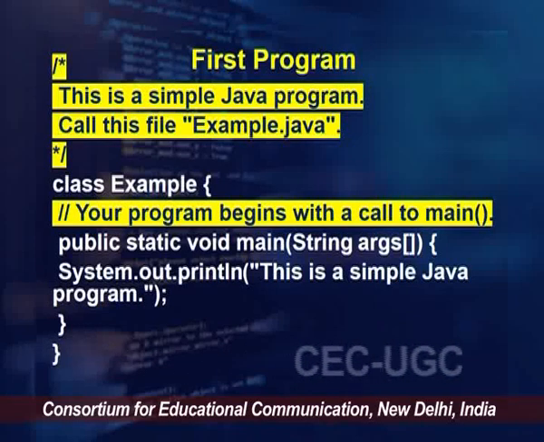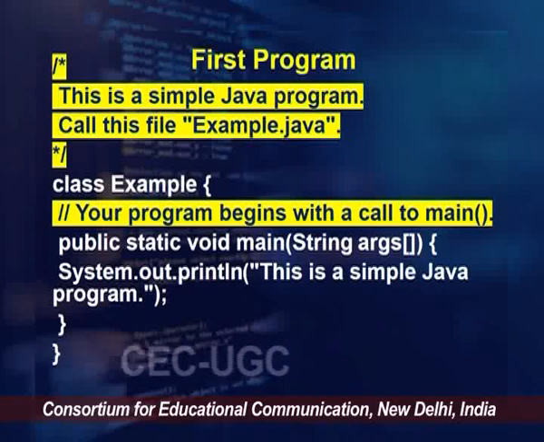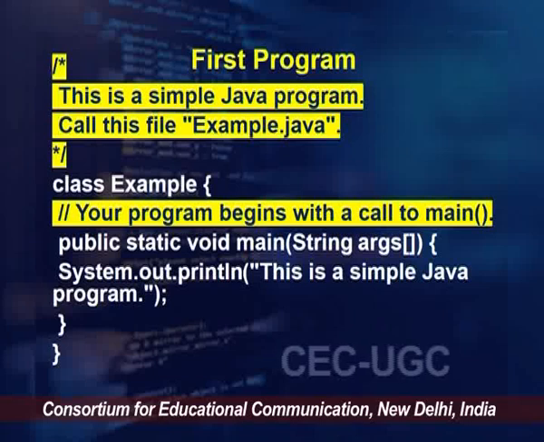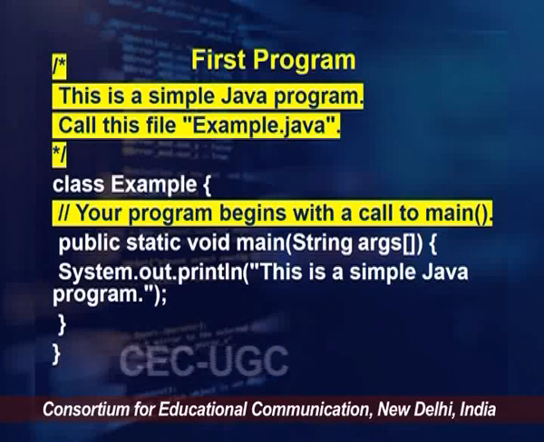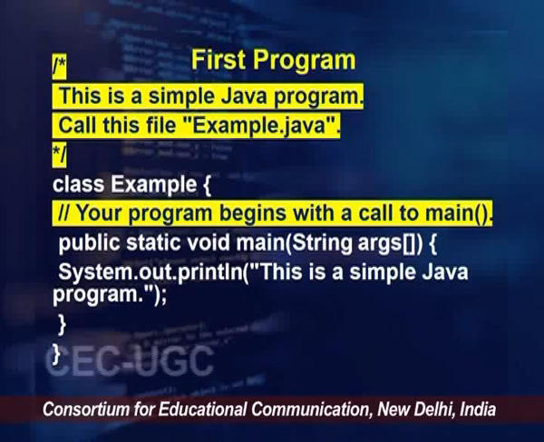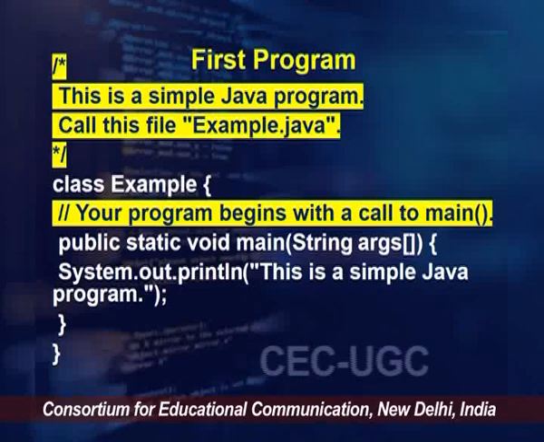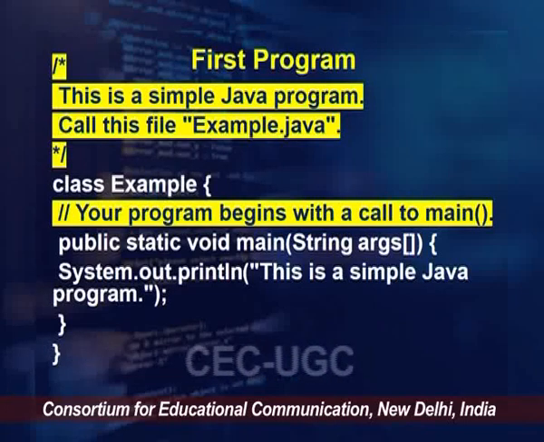Then it has class example, and within the curly brackets it has again a yellow highlighted section which says your program begins with a call to main, and then public static void main string args, and within the curly bracket it says system.out.println, and within the brackets it says this is a simple Java program, and this statement is followed by a semicolon. Then two curly brackets are closed, one which was opened when main opened, and another which was opened for the class.